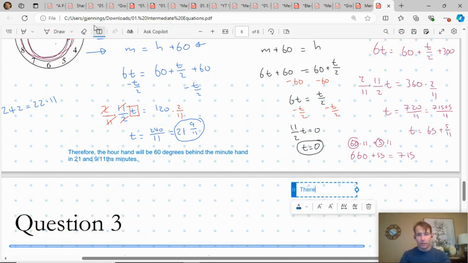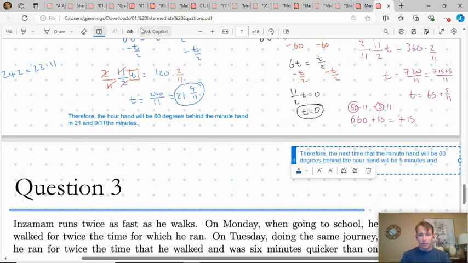Therefore, the minute hand will be 60 degrees behind the hour hand. Notice that that's flipped from the other situation. Will be 5 minutes and 5/11 after 3 p.m.